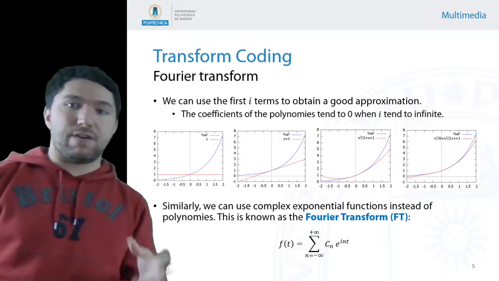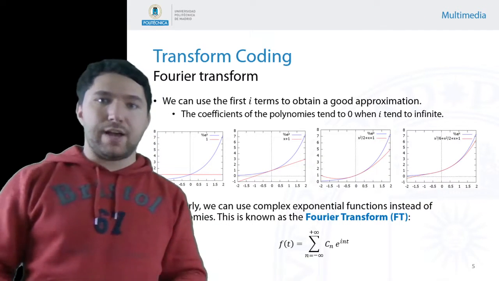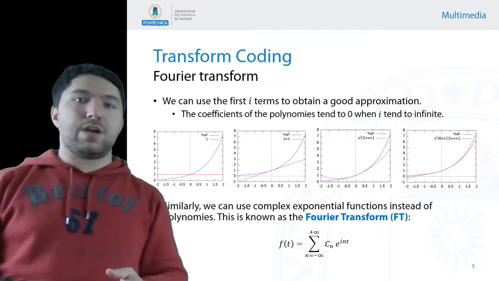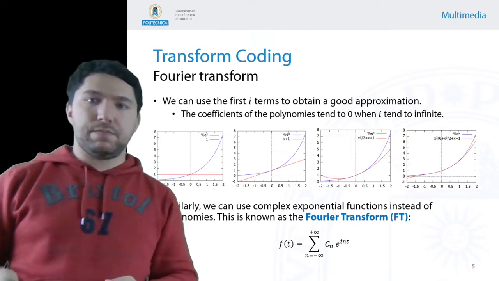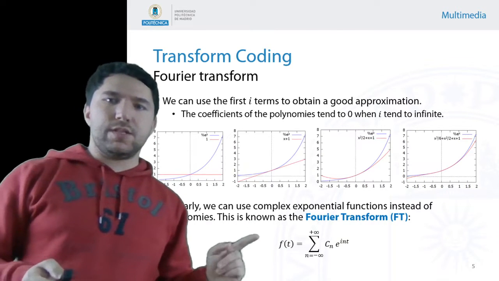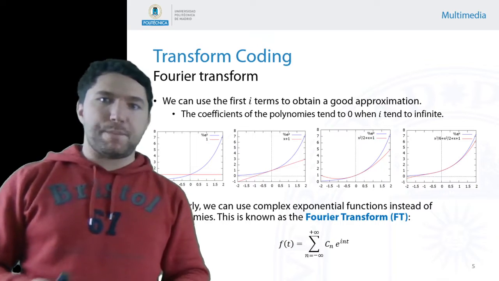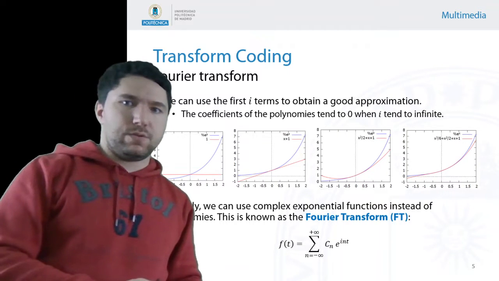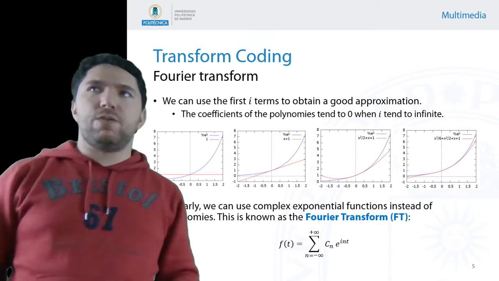Okay, t is the variable, n is a number depending on the series, and i is the complex unit, the imaginary unit. So this is known as Fourier transform, and we can use Fourier transform to approximate other functions, or to obtain a whole representation of other functions.